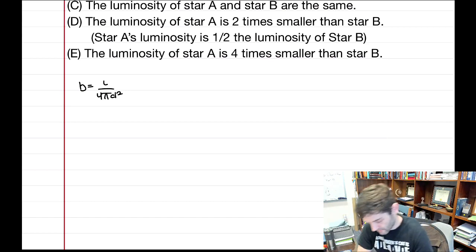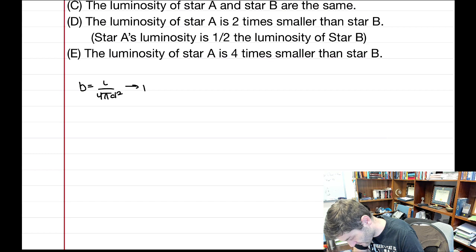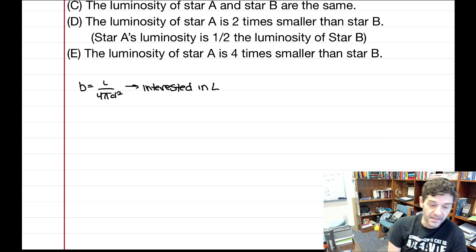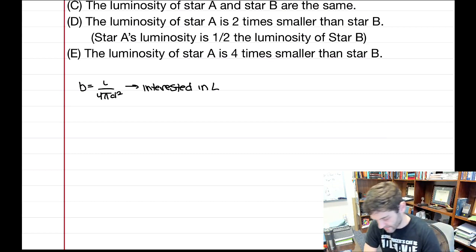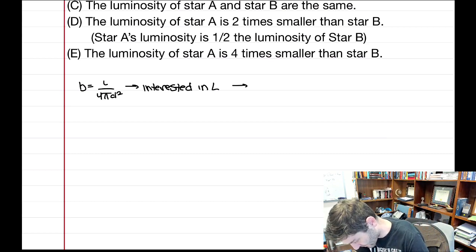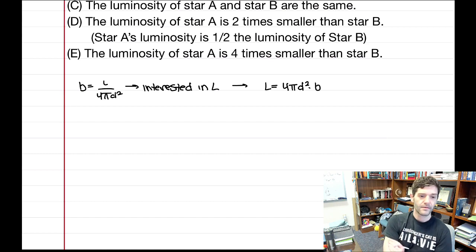Now, we are interested in luminosity. So my first step would be to solve for luminosity. In that case, I could write L is 4 pi d squared times B. I just multiply both sides by that 4 pi d squared in the denominator.